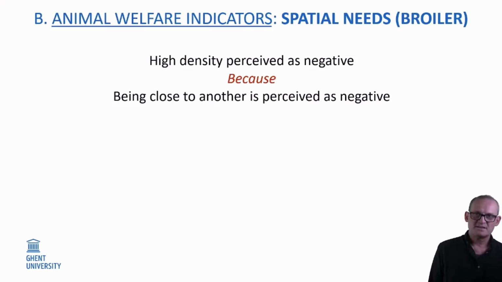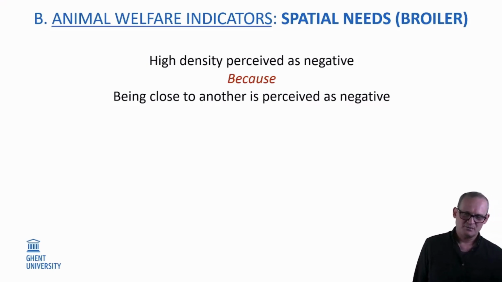But again, you can ask, are these rather the consequence of a high stocking density, or are these truly indicative of the animal's spatial needs not being fulfilled? And therefore, don't we need a more specific test of the spatial need of a broiler?